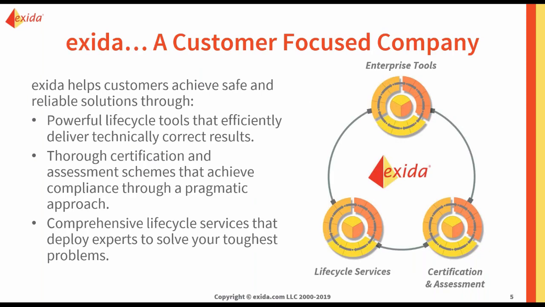Also, a quick overview of exida. I know many of you are familiar with what we do, but we want to highlight that we have 3 different functional groups in the company. We have our enterprise tools. We have tools for functional safety, which is what I'm going over today, but we also have tools for alarm rationalization and cybersecurity. We also have consulting services for all 3. So anything you do in the tool, if you need a little extra help, we have a consultant that can help you through any of the lifecycle tasks. And again, for alarm rationalization and cybersecurity as well.